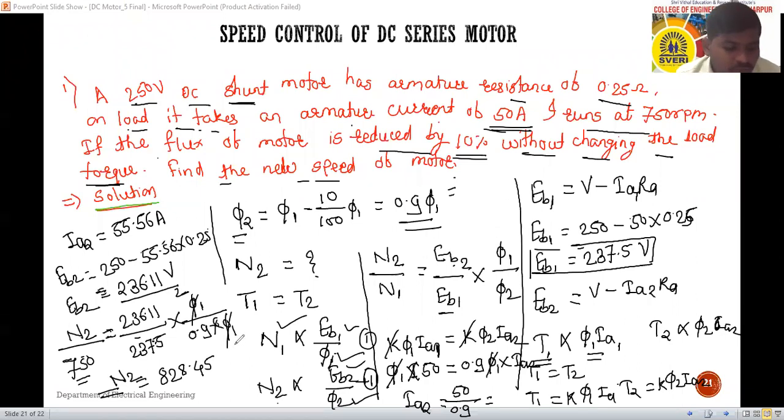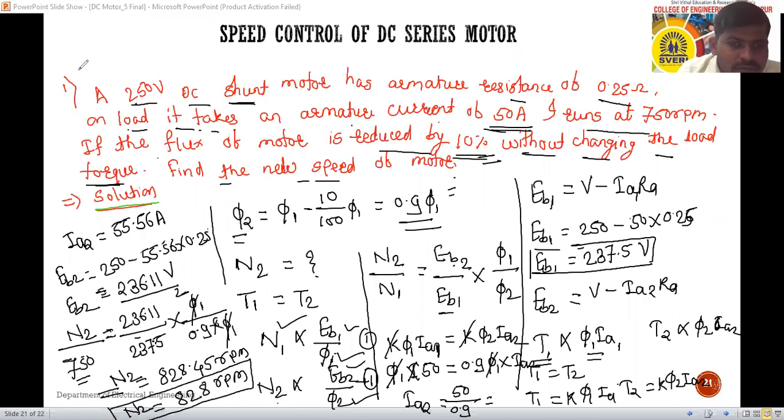Okay. So this is nothing but the speed at the second situation, or when the flux is reduced. So it is in revolution per minute. So generally, if we write like this, 828 revolution per minute, that is speed N2. बघा, what will be the change जर 10% ने फ्लक्स रिड्यूस झाले, स्पीड काय होते, इन्क्रीज होते का डिक्रीज होते?